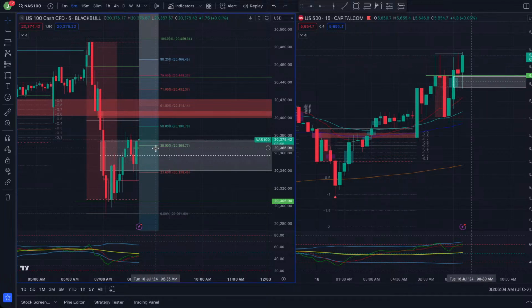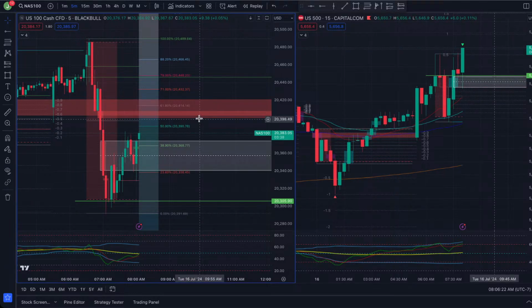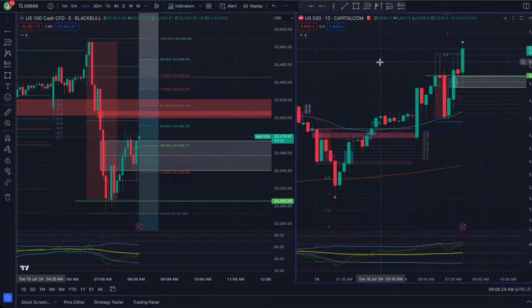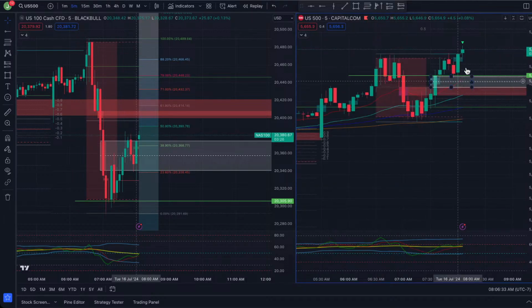Little under an hour left in the stream. Let's see if we can get a good move out of NAS. US 500 driving higher. This is obviously the stronger pair. Slowly getting a confirmation here now. Let's see if this candle closes and gives us a confirmation on US 500.